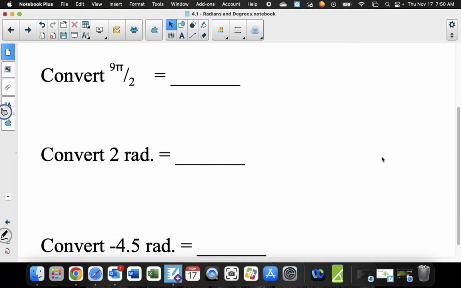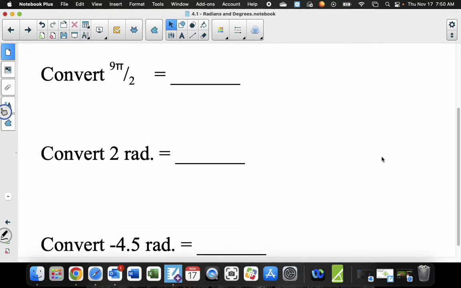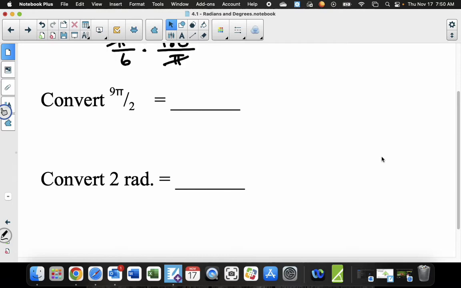Do the other ones real quickly on your own. See if you can convert at least the next 2. Let's talk about the next 2 here. 9 pi over 2 and then 2 radians. We'll talk about the 2 radians in a second.